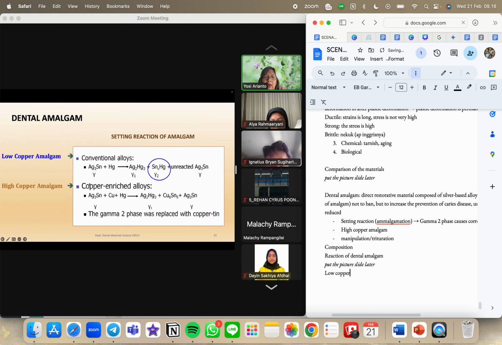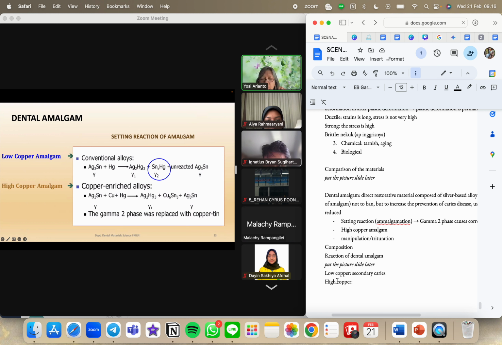Okay, and then in the development of amalgam, we use the high copper amalgam. So the copper is enriched in the alloys. We give more copper. The reaction still has this condition, and it will cause a reduction of the gamma 2 phase and develop copper tin like this.